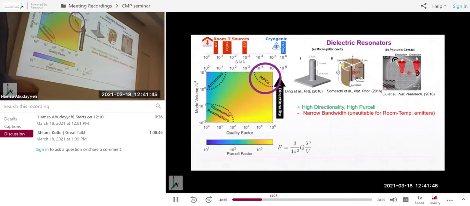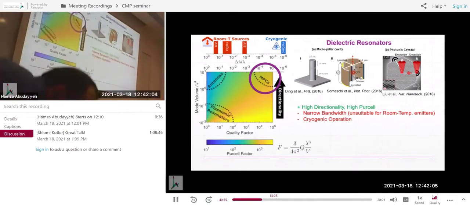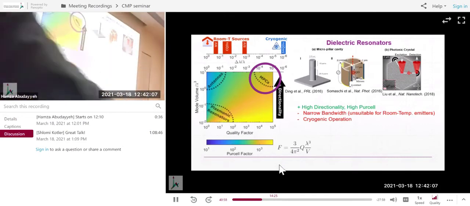However, because of the high quality factor, you have very narrow bandwidths, and this is not suitable for room temperature emitters. If you just try to use one of these sources, you end up spectrally filtering them out, throwing out most of the photons. So usually these are limited to cryogenic operation. They're used quite extensively for cryogenic sources, and for good reason.